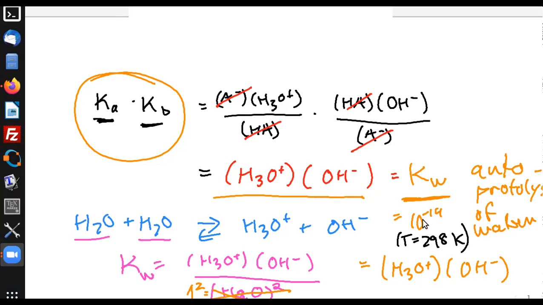In pure water at 298 Kelvin, this is the autoprotolysis constant. At other temperatures, it's not. We can always say it's approximately 10 to the minus 14 if you don't have very high expectations of accuracy. If you allow an order of magnitude error, then it's okay. It is perhaps not so important. So this is Kw, 10 to the minus 14.